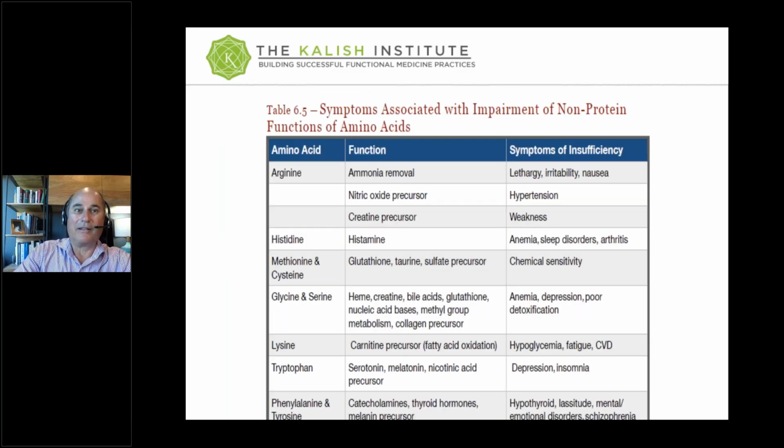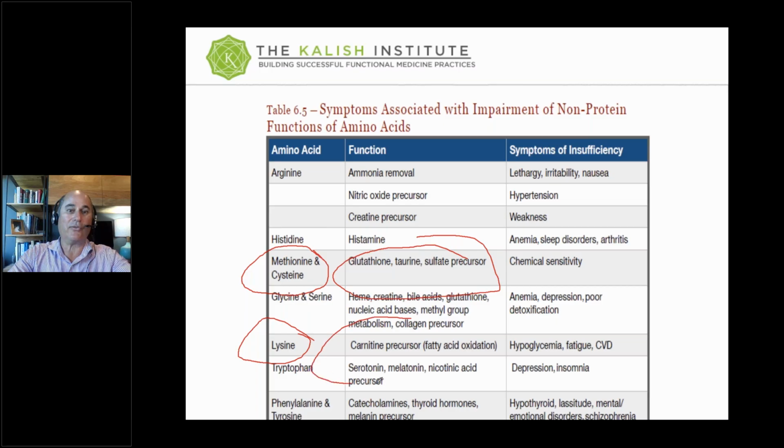So now, non-protein functions of amino acids. This is what we kind of get hung up on most of the time. So we don't want to obsess on this, but I just want to mention it. Methionine and cysteine are really important for detoxification. Lysine is a precursor to carnitine.